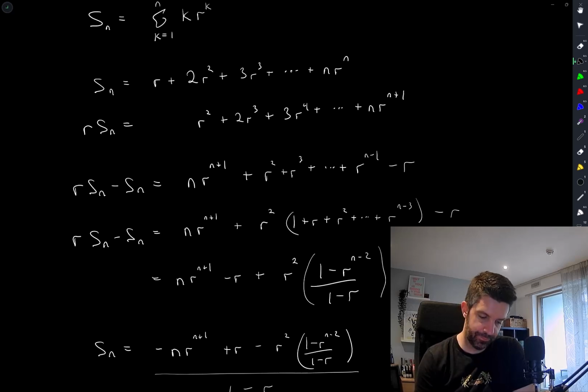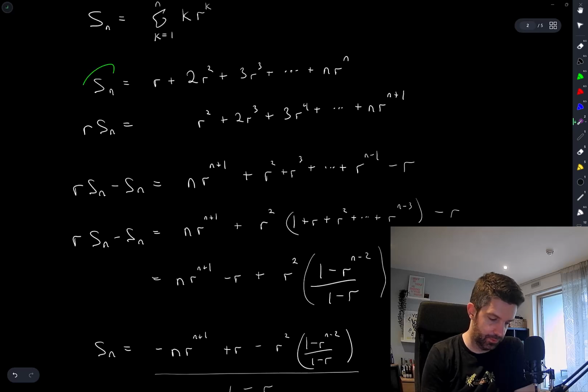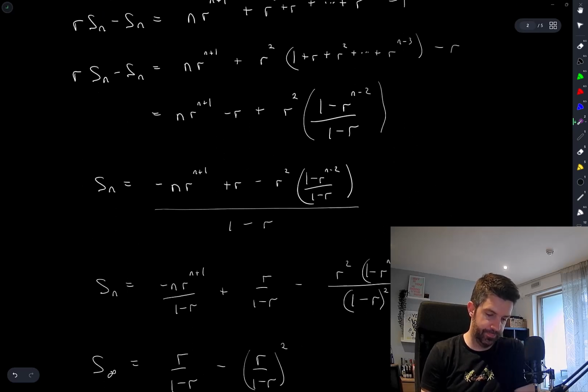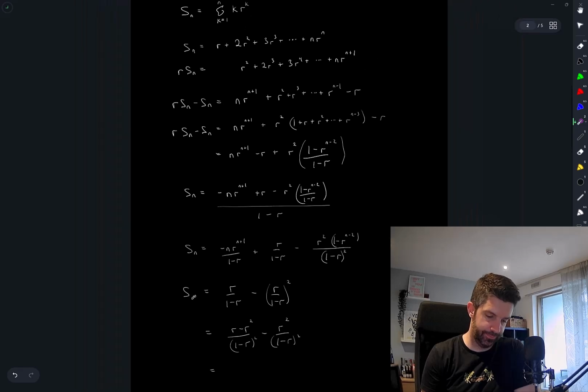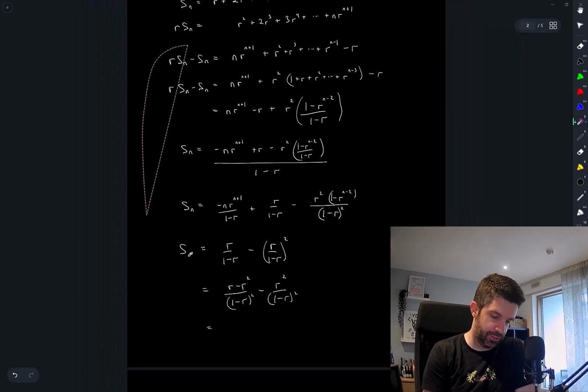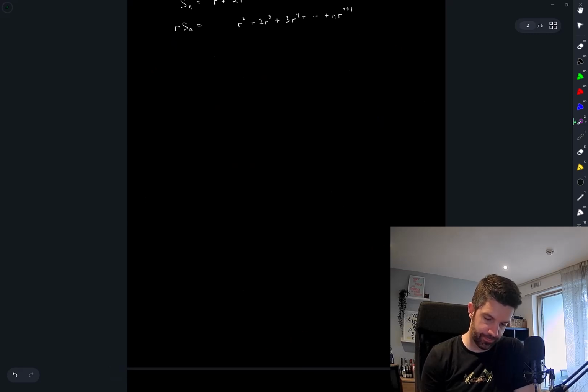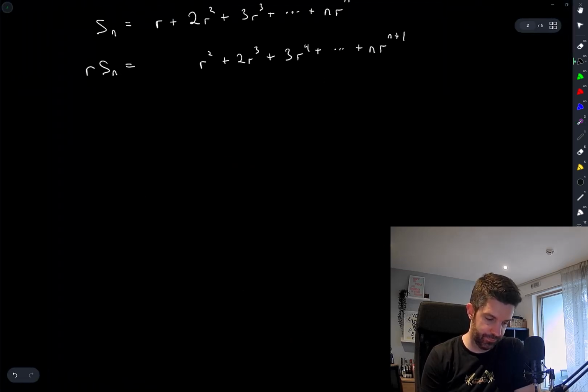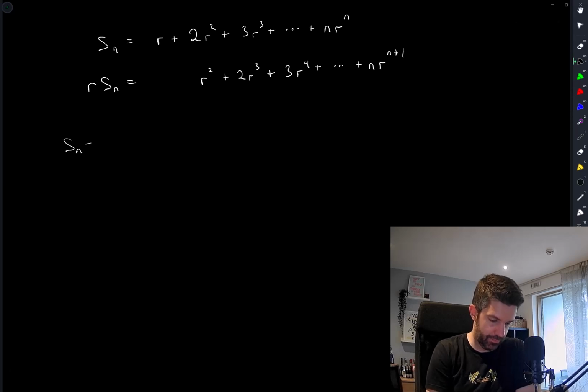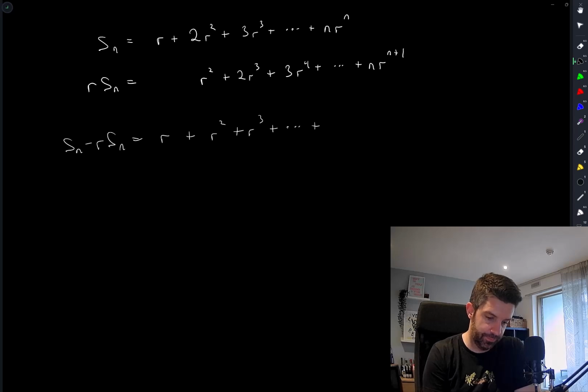Yeah, just a minute. Let's do this as top minus bottom. Oh man. I don't want to have to fish for where the sign error is, so let's just do Sn minus r Sn, top minus bottom: r plus r squared plus r cubed plus up to r to the n, plus n r to the n plus 1.